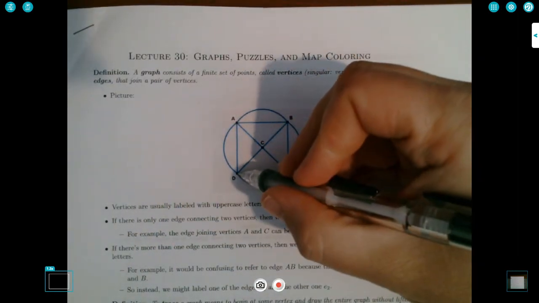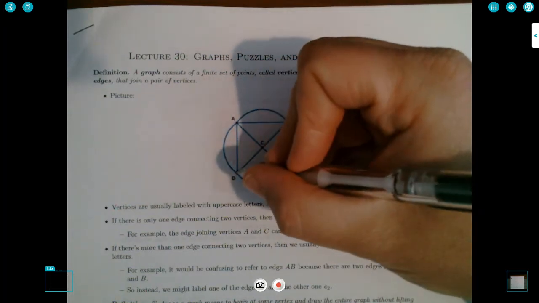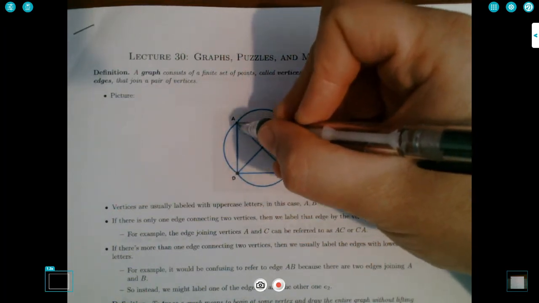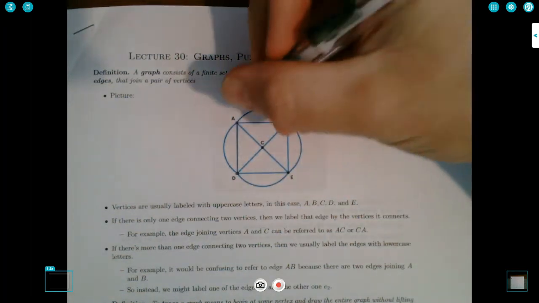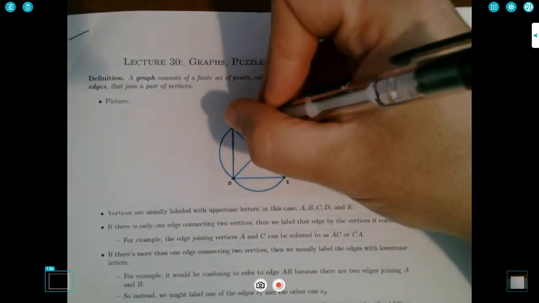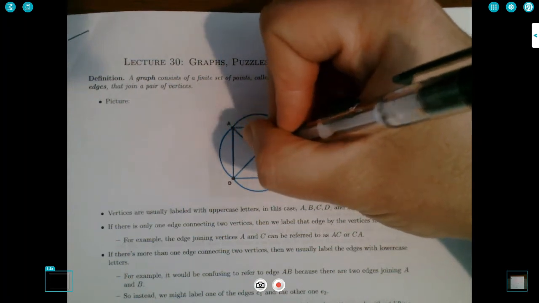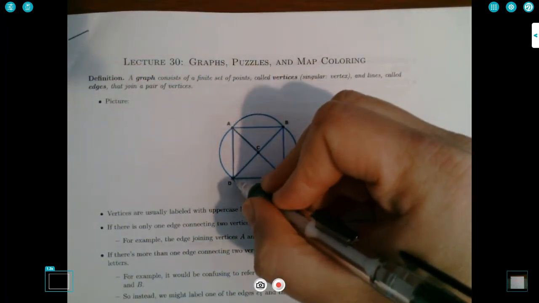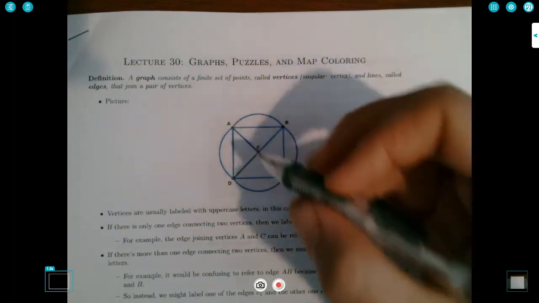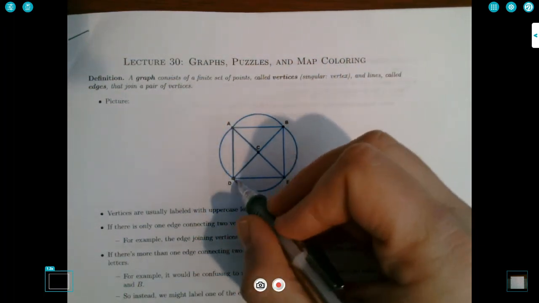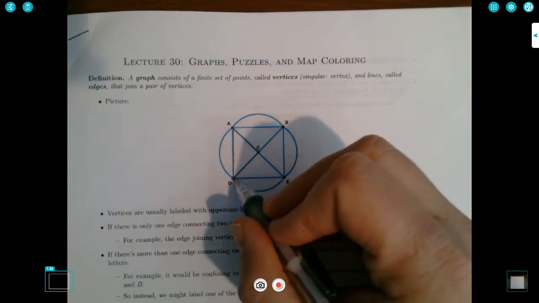For example, if I start here at vertex D, maybe I can go up to A, and then down to C, back down to D. Now I'm not allowed to go over the same edge twice, but I can pass through the same vertex more than once, so that's fine. So that worked out pretty well.